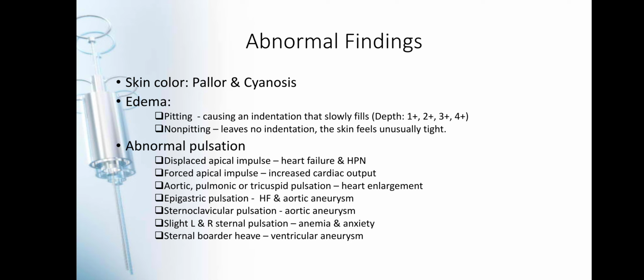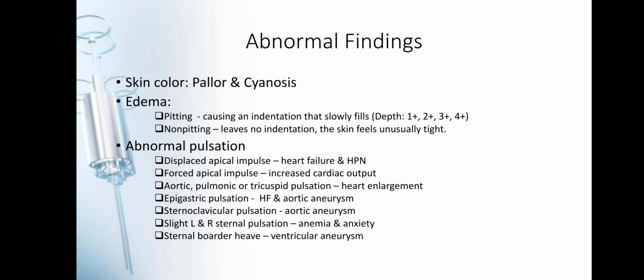So, mga abnormal pulsation na pwede nating marinig. Pag displaced apical impulse, for example, imbes dapat sa left side, sa fifth intercostal space mo maririnig yung apical pulse, pero hindi siya doon na-appreciate, baka merong heart failure patient or hypertension. HPN po, that is hypertension.